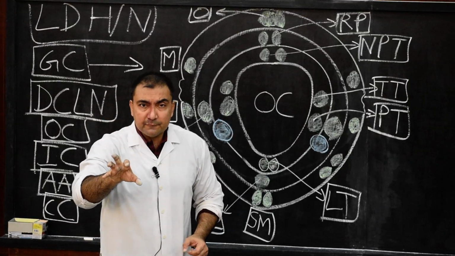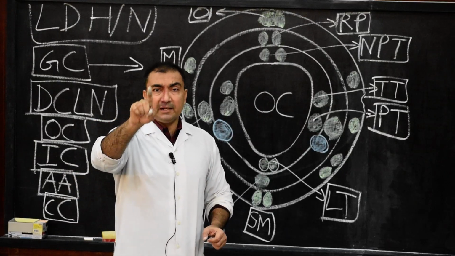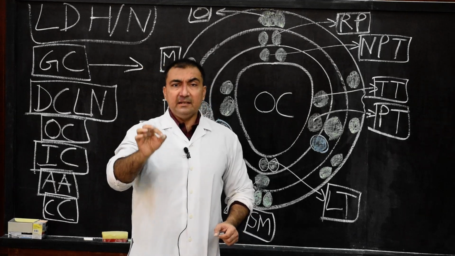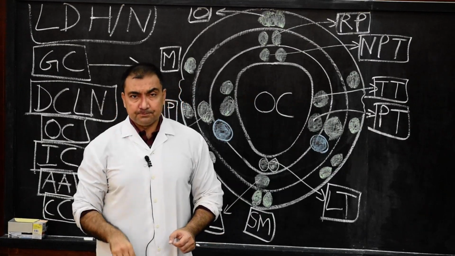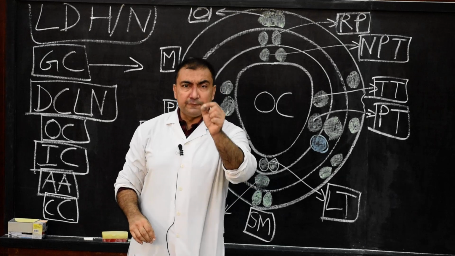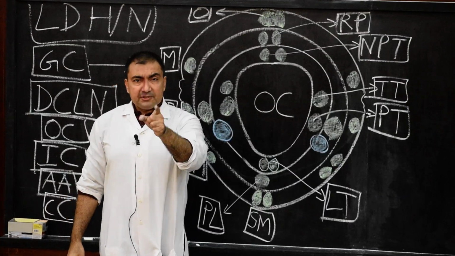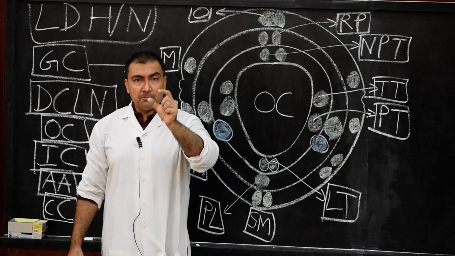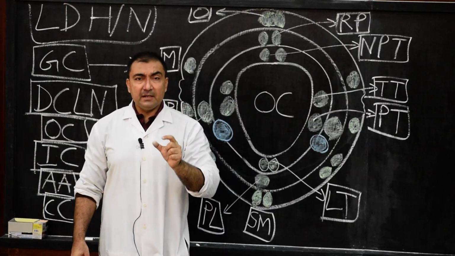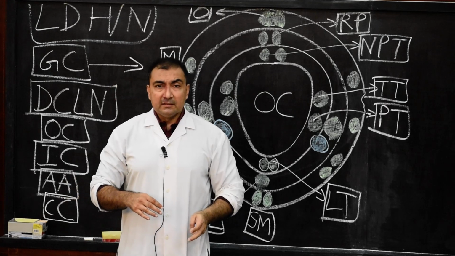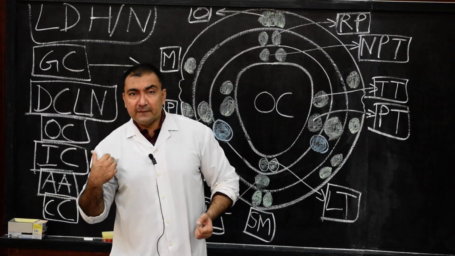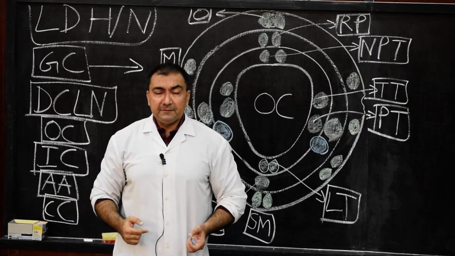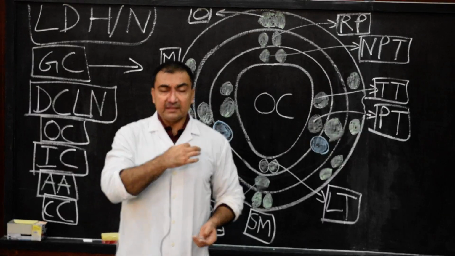From the deep cervical lymph nodes, the efferent channels will drain via the descending jugular trunk, the descending jugular lymph channels. They will drain on the right and left respectively into the right lymphatic duct and on the left side into the thoracic duct.